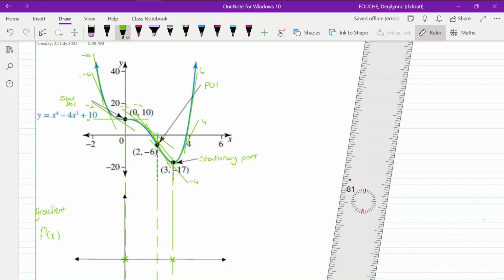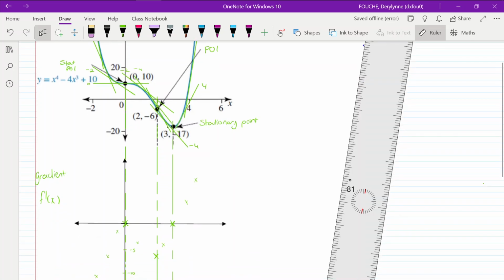So -10 was around about there, then -6, then -2, then we got our 0, and then we went negative again, so it went about -4, and around about -6 over here at our point of inflection, and then it went back to -4, and then we went to our stationary point, and then we went to a +4 and a +6.